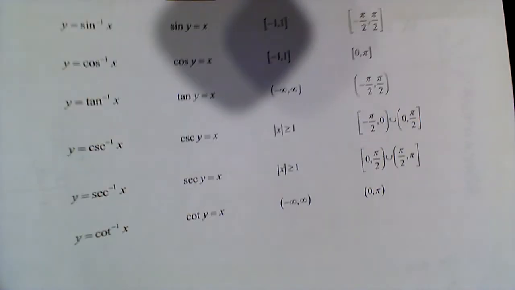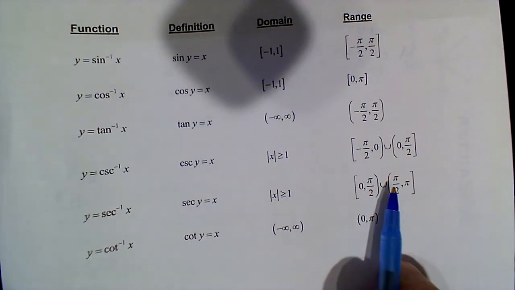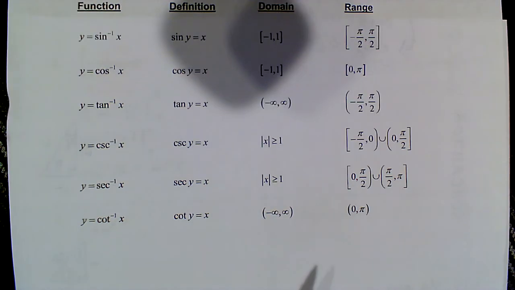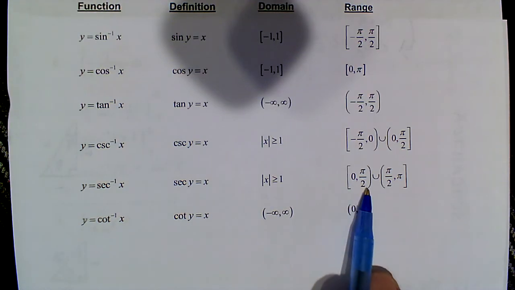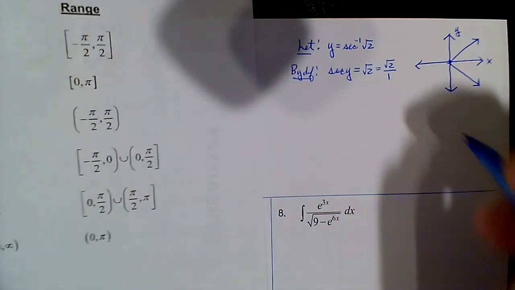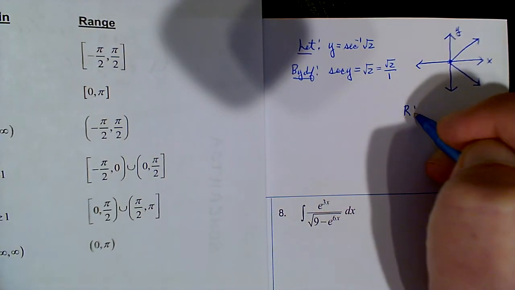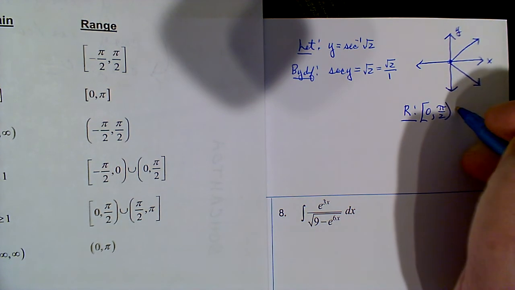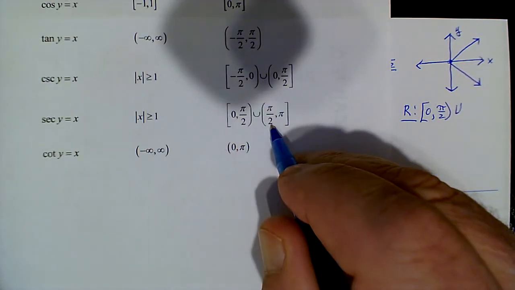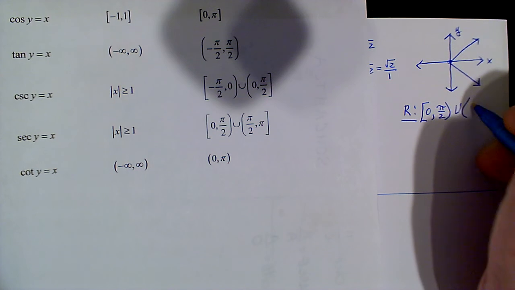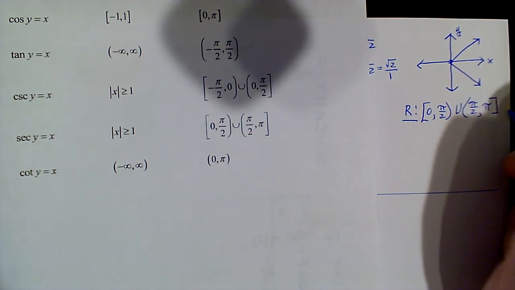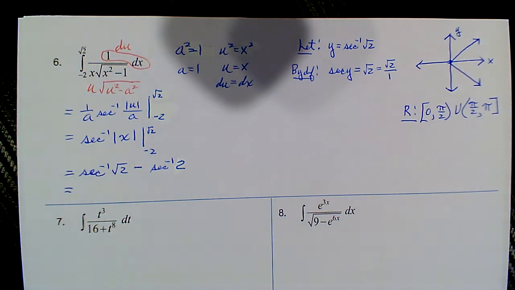If you look at that formula sheet we had a while back, when we first defined the inverse trig functions, the range of the inverse secant is 0 to pi over 2, inclusive at 0, non-inclusive at pi over 2, in union with pi over 2 to pi, non-inclusive at pi over 2, and inclusive at pi.